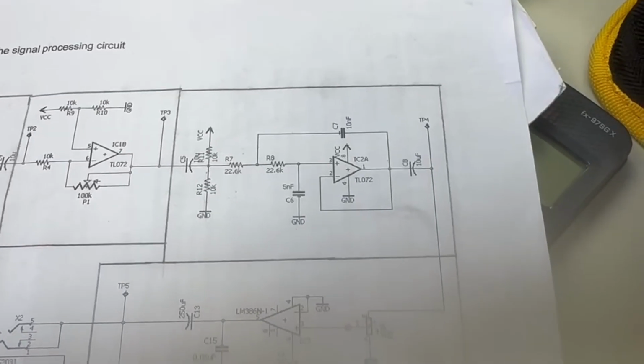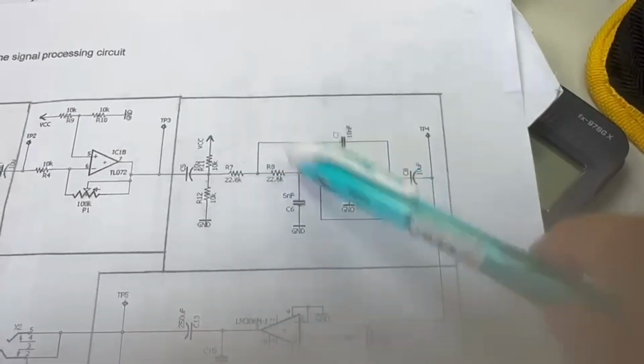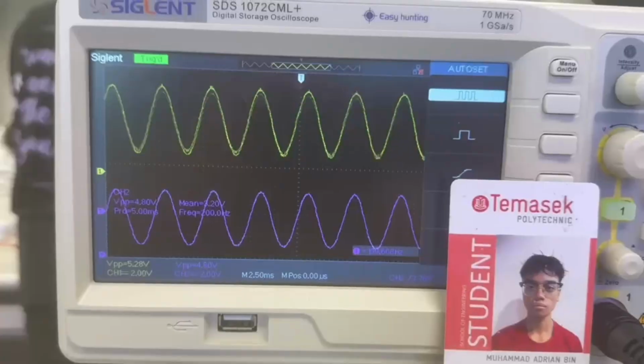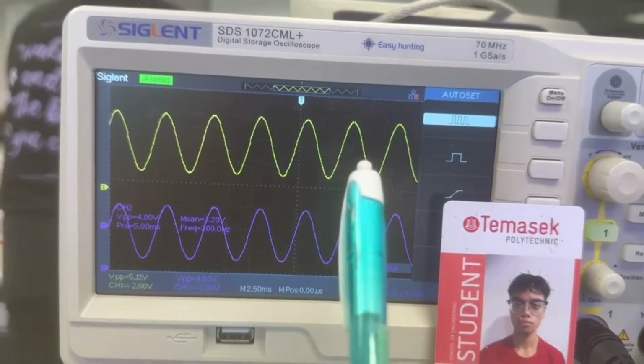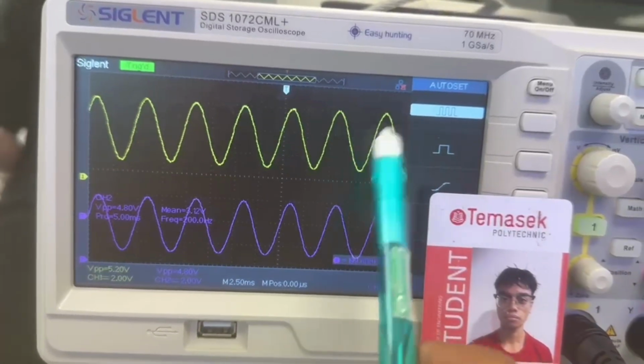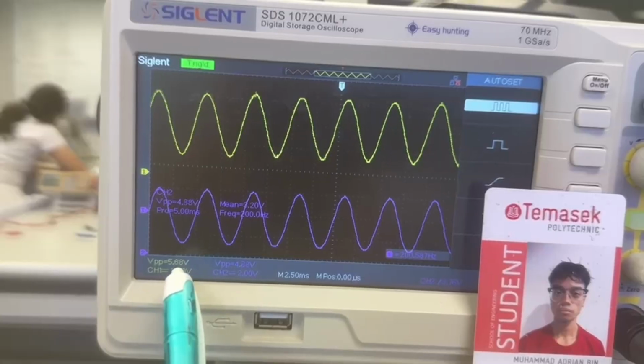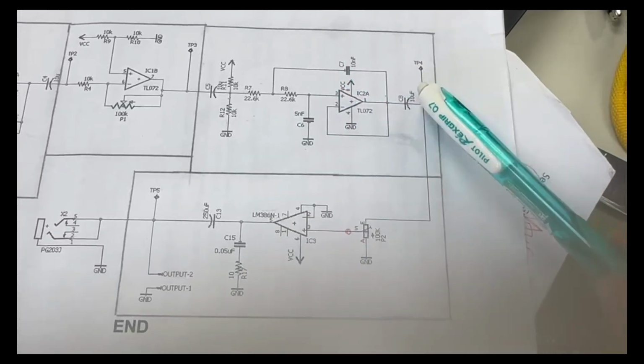From TP2 to TP3, the output measured about 5.28 volts and was once again shifted by 180 degrees. This confirms that the inverting amplifier continued to provide amplification and phase inversion, just as observed during the first experiment.